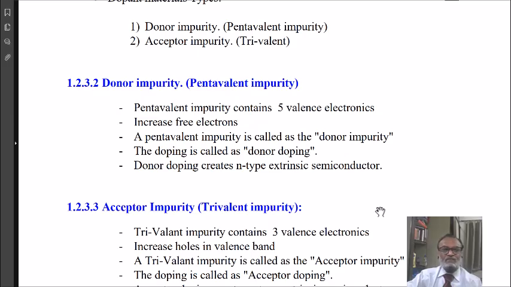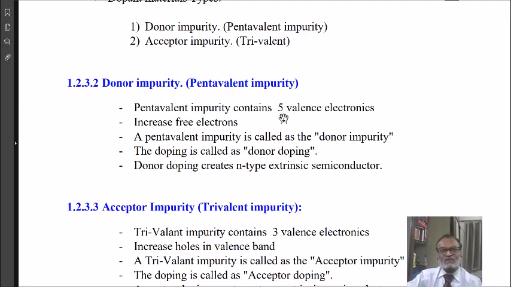If the impurity atom is a pentavalent atom, then the pentavalent atom consists of 5 electrons in its last orbit. So whenever they form the covalent bond with the semiconductor atoms, 4 out of these 5 electrons are engaged in the covalent bonds with the semiconductor material.